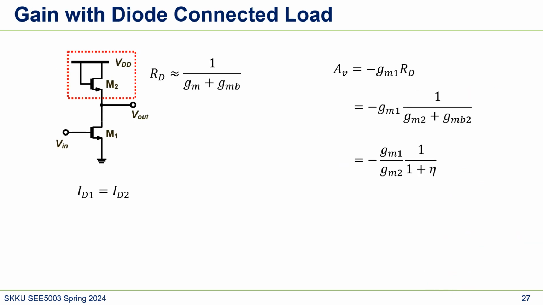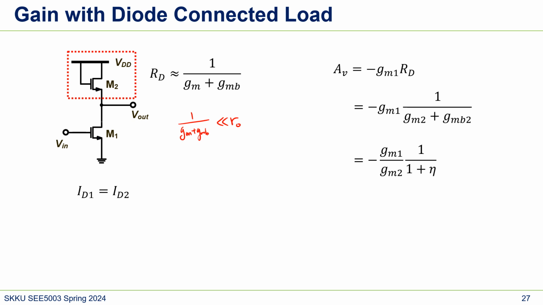Now let's calculate the gain. What was the gain? Gain is minus GM1 RD, right? And we calculate RD as this. Here we are ignoring RO, because 1 over GM plus GMB is a lot smaller than RO, and this is usually true in CMOS technology.